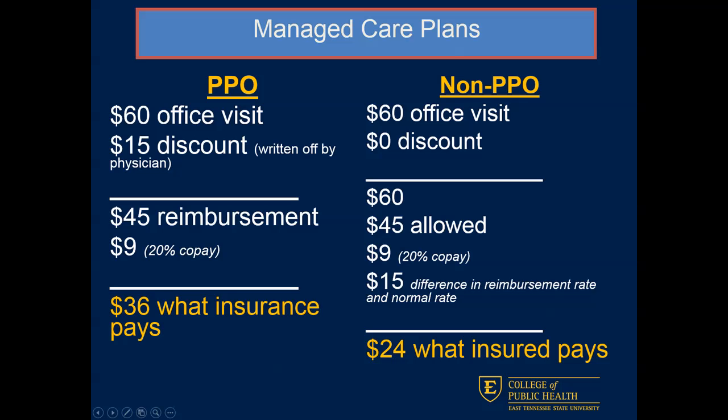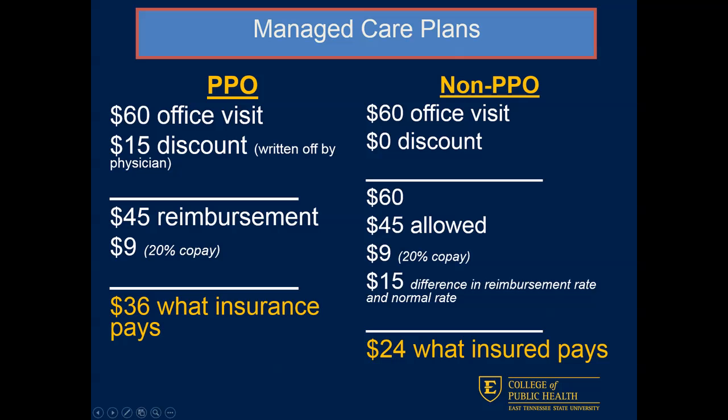But just as a review for the non-PPO, you go see a doctor who is essentially out of network. They're going to charge the insurance company $60 for the visit. There's no discount. The insurance company is going to say $45 is what's allowed for that particular visit.